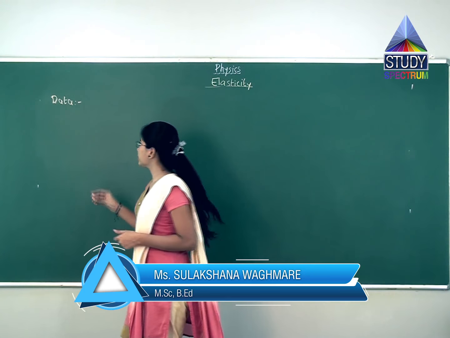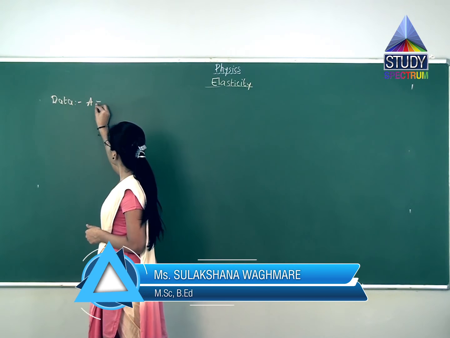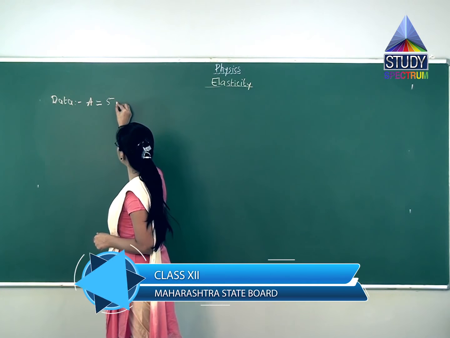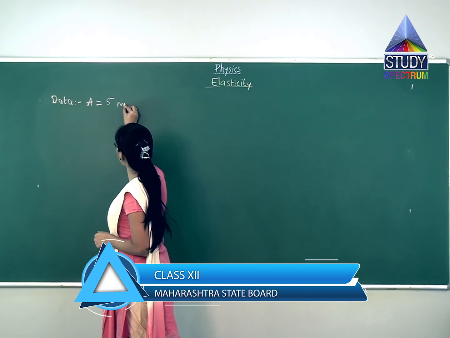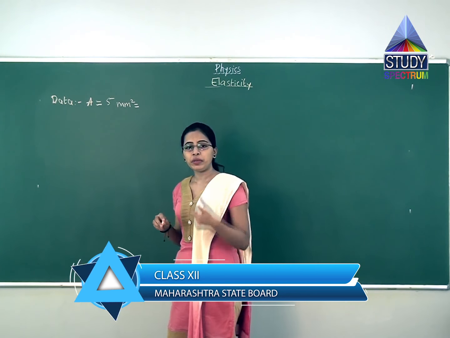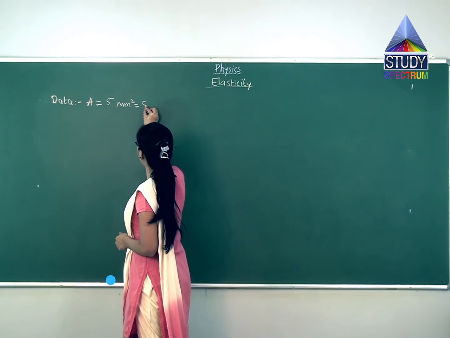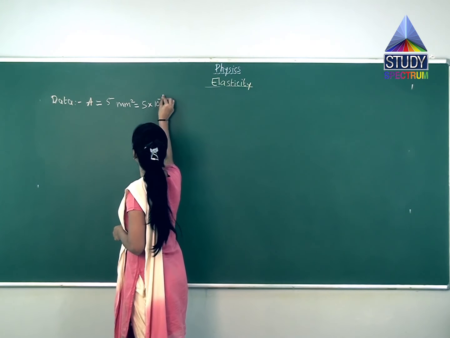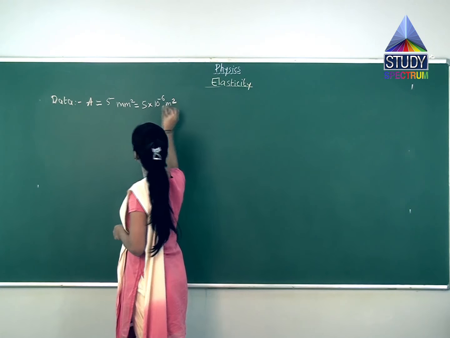Now area is given. It is 5 millimeter square, so we will convert it into meter square. So it will be 5 into 10 raised to minus 6 meter square.